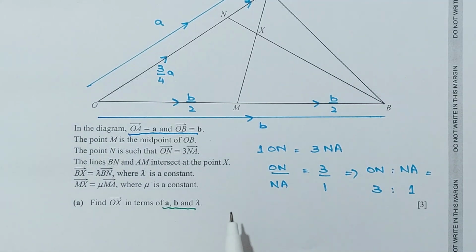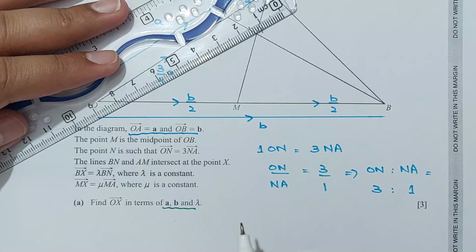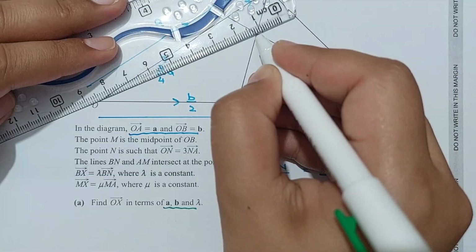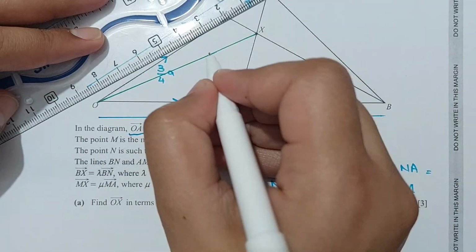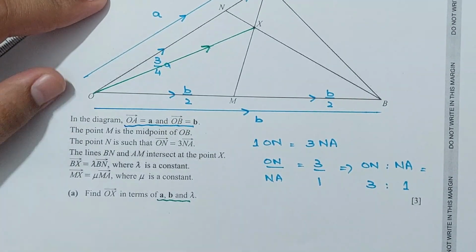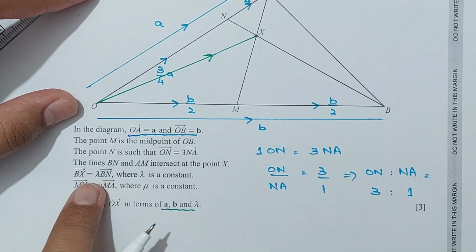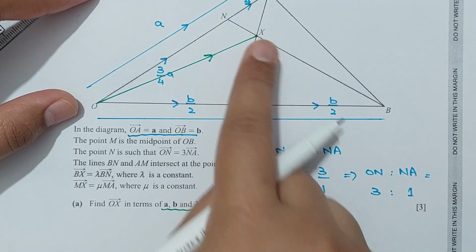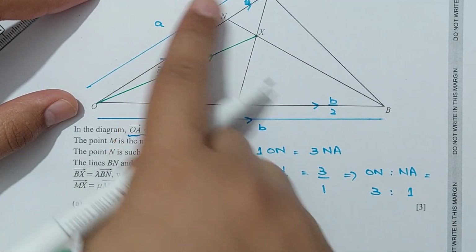Okay, O to X. Join O with X. Here is O and here is X. We have to find what is O to X, in terms of lambda. B to X is lambda times of BN.